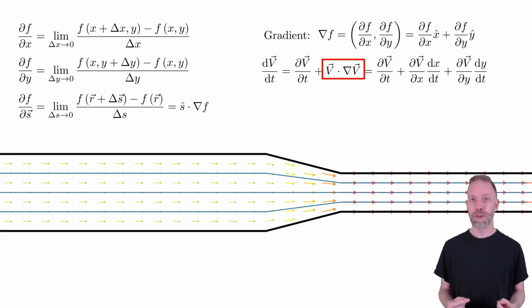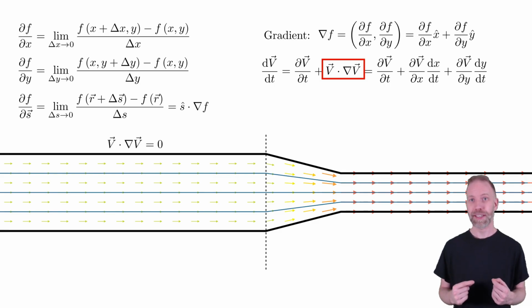Let us look at the term v times nabla v, which is the flow velocity multiplied by the directional derivative. In fluid mechanics, this is called convective acceleration and will describe how the particles accelerate due to spatial variations in the velocity field. Start by looking at the white segment of the pipe to the left. We can see from the arrows that the flow velocity is constant.